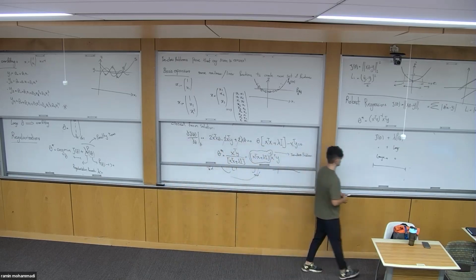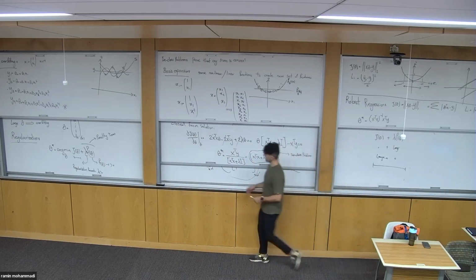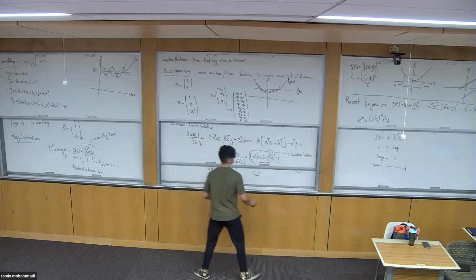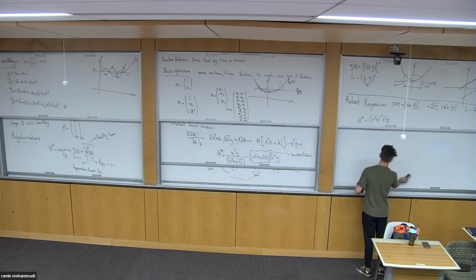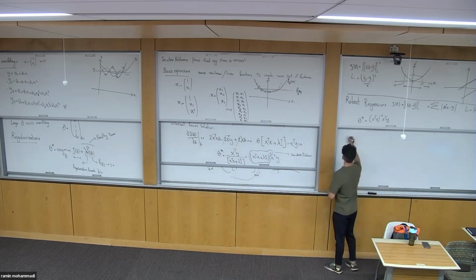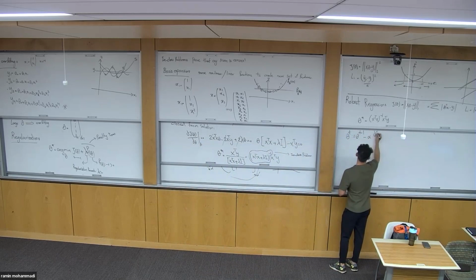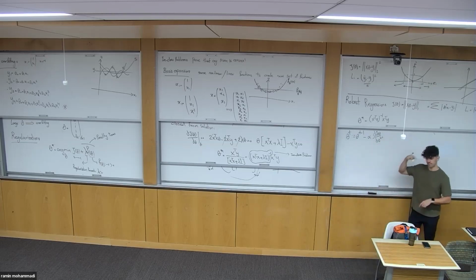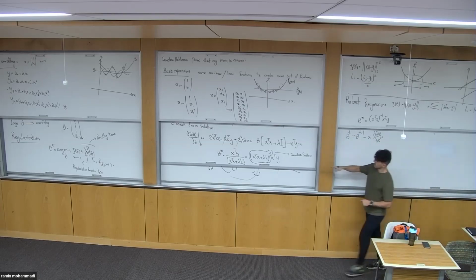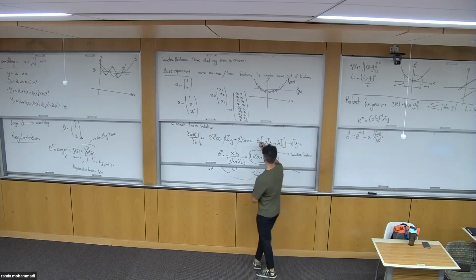Now, if we go for gradient descent, we know theta at time t equals the previous theta minus the learning rate times the gradient of the cost function with respect to theta at the previous time step. So we took a derivative.